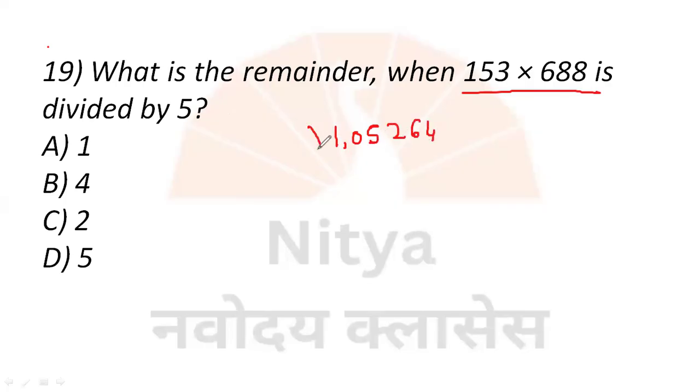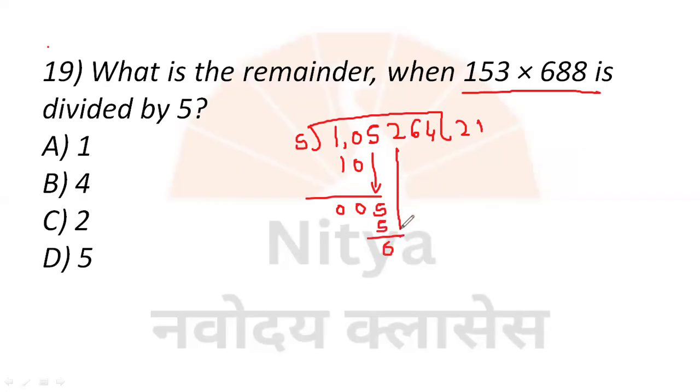So we have to divide it by 5. So 5 twos are 10, remainder 0, and bring down 5. So 5 ones are 5, remainder 0. Bring down 2.